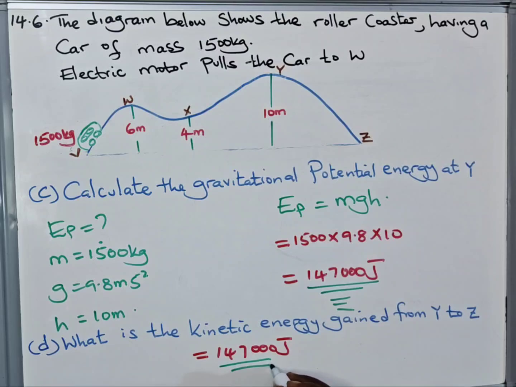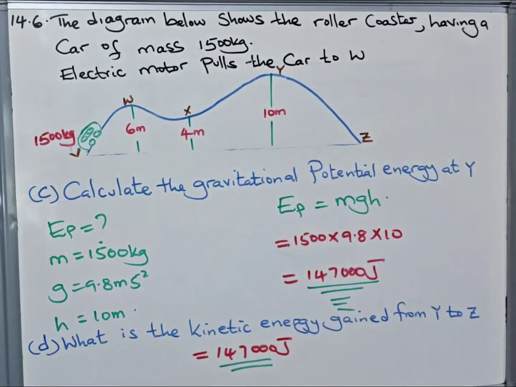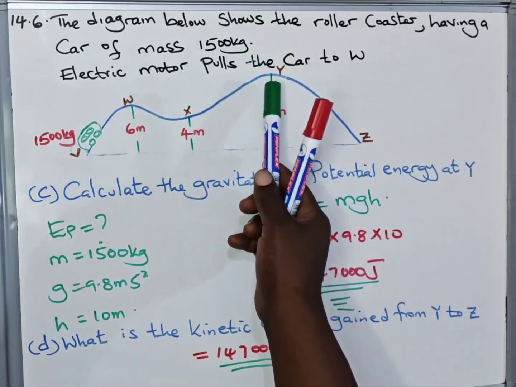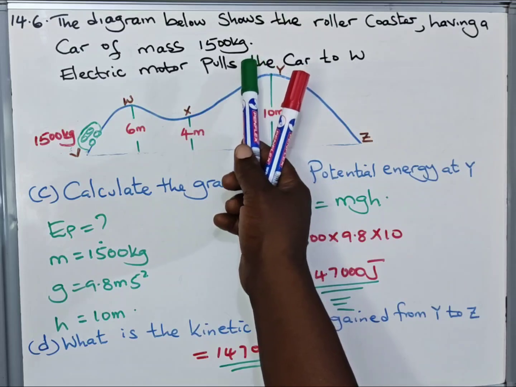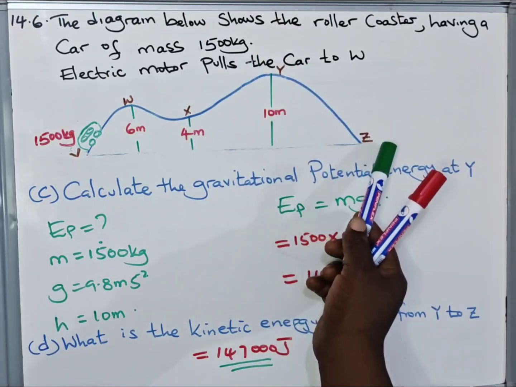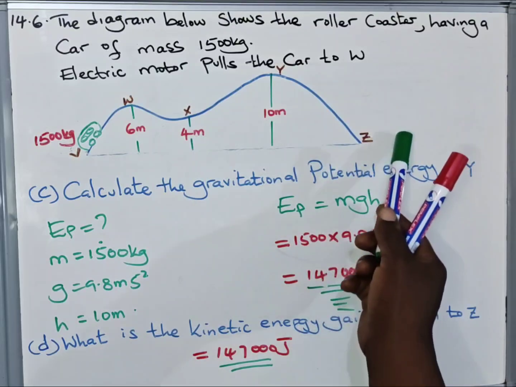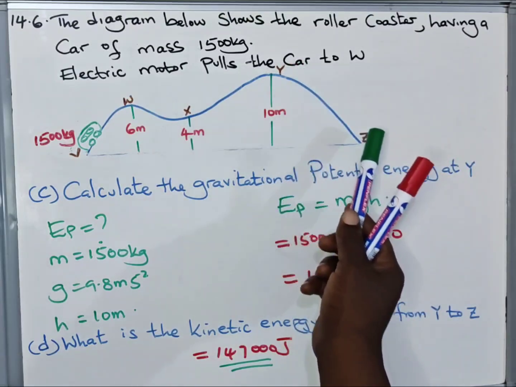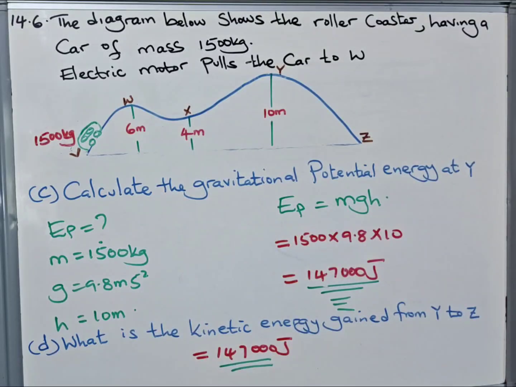That's what we call conservation of mechanical energy. At both Y and Z, mechanical energy is the same. So here, the entire mechanical energy is existing as potential energy, which all of it is converted into kinetic energy as it moves to Z. So at Z, whatever was potential energy has now been converted into kinetic energy.